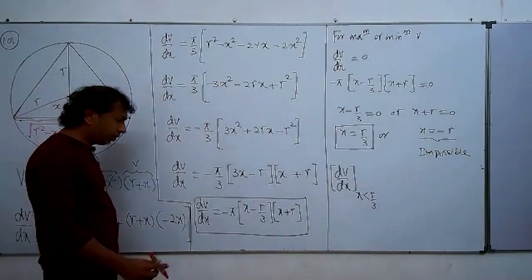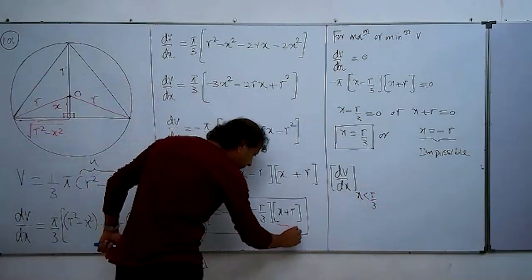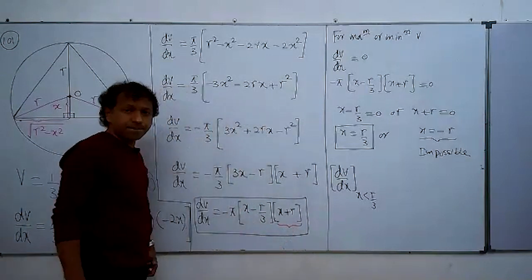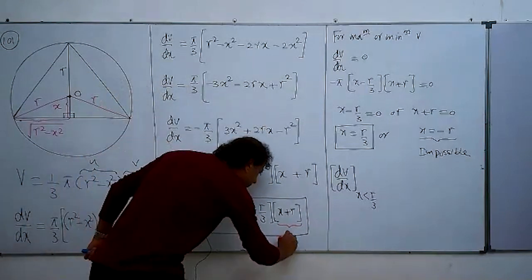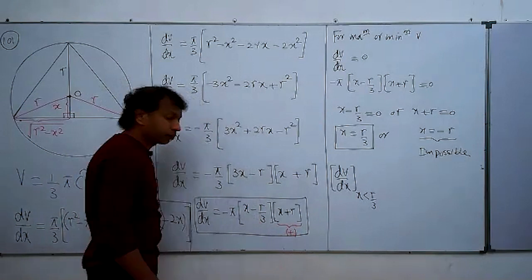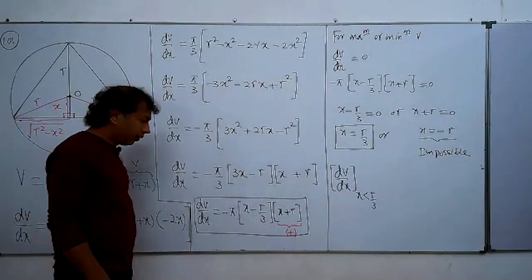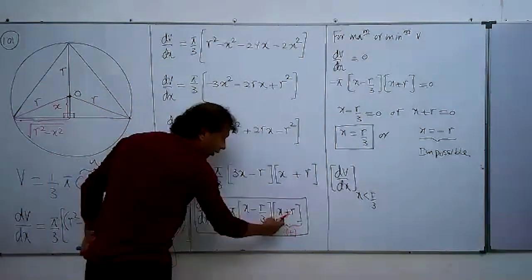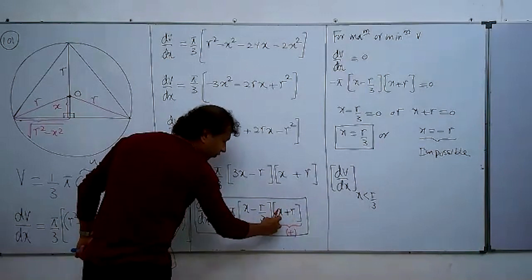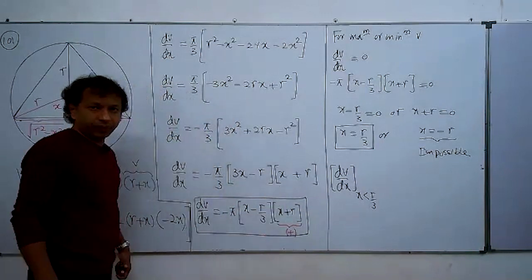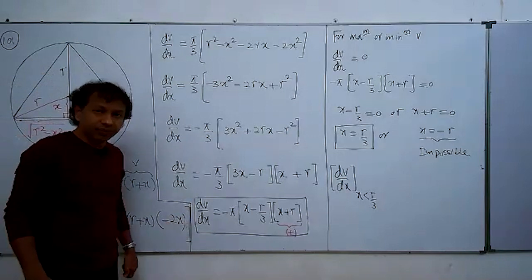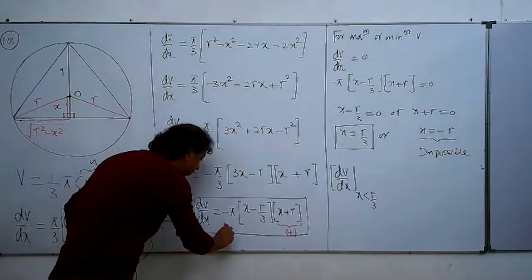Here, people, this x plus r is always positive. Then there is no need to put that x value there, because for any value of x, this is positive. Then the sign of this dV by dx depends on these, people.